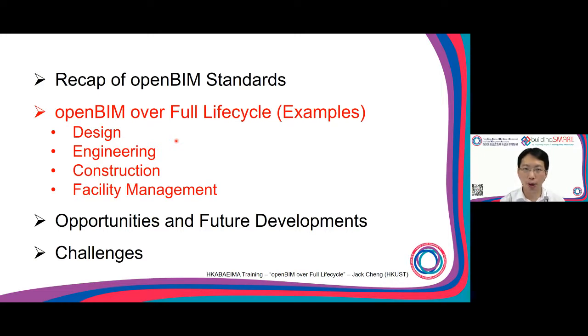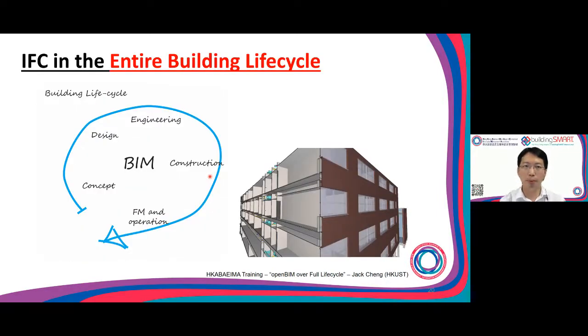In the following, I would like to go through different examples of the full life cycle open BIM. In particular, I will talk about design, engineering, construction, and facility management. But you can see that the whole concept is we would like to use BIM for the whole life cycle, and we would like to use IFC in particular.